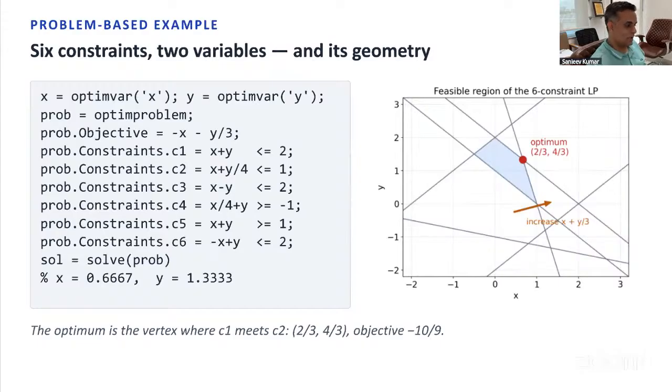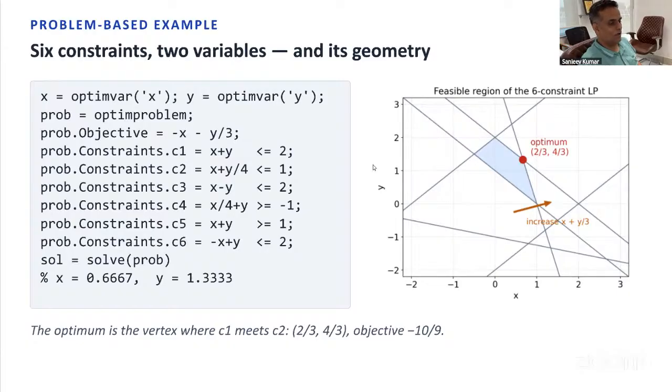And this is an example of this. Like if I am having constraints, my objective function is minus x minus y by 3. This is the problem. So the optimum is at the vertex C1, like here you can see when x is 2 by 3 and y is 4 by 3.